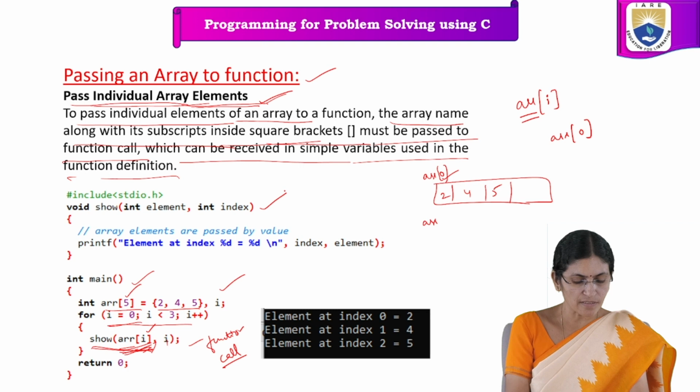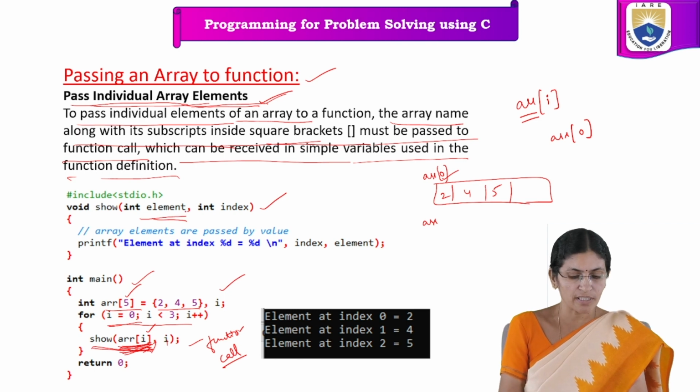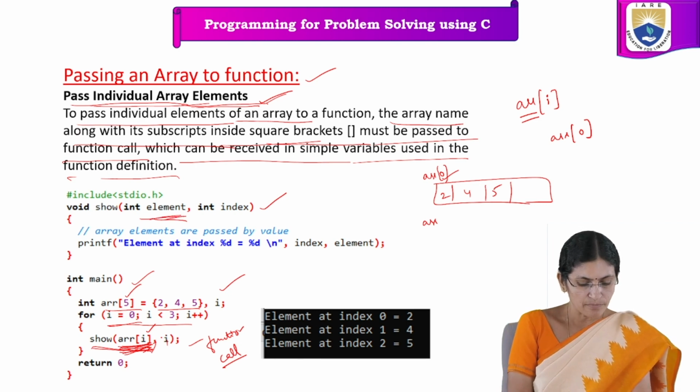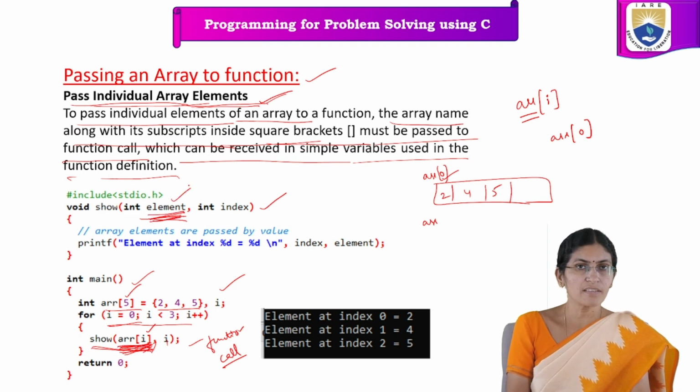Here is the function definition. This is received by an integer variable, because the array has integer values. The data type of the array is integer, so correspondingly we need to declare the data type as integer. The corresponding variable name is element here.